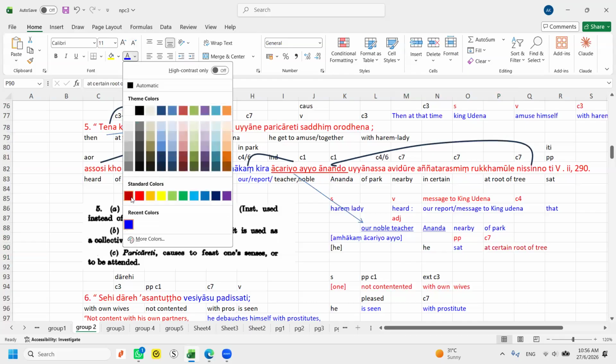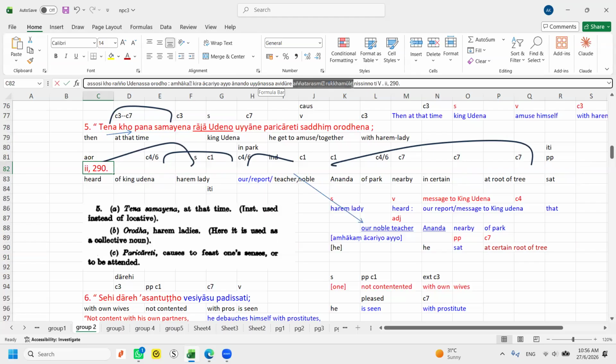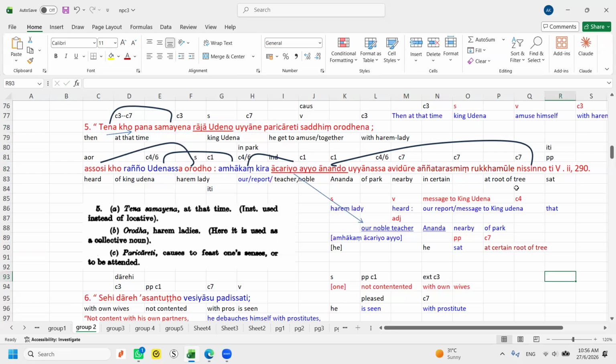So complicated. Okay, the brown one is this one. Sat at a certain root of a tree.